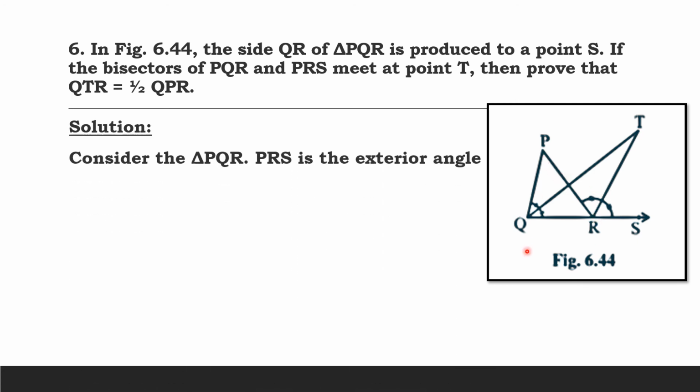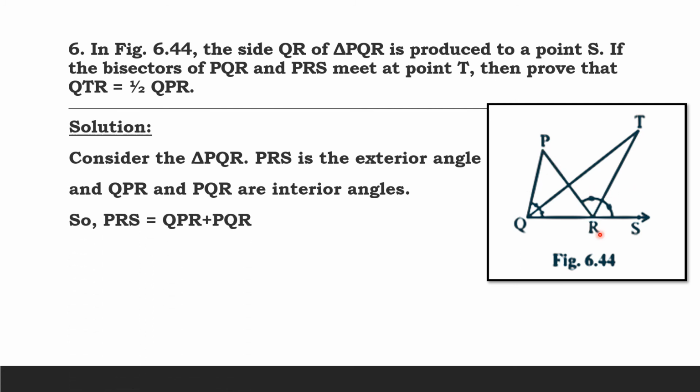Consider triangle PQR. Here you can see that PRS is an exterior angle. So it would be equal to the sum of the opposite two interior angles of triangle PQR, that is QPR plus PQR. So PRS is equals to QPR plus PQR, or I can say that QPR would be equal to PRS minus PQR.